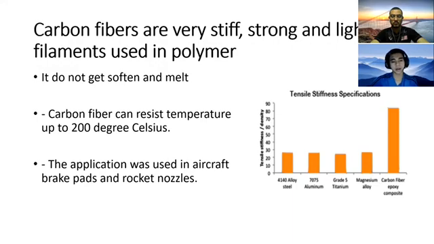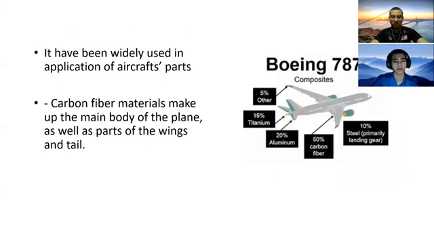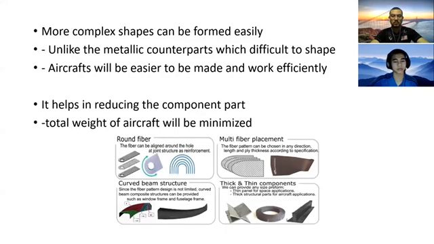Even when we look at our next slide, half of the Boeing 787 is made of carbon fiber, applied to its main body, wings, and tail. Not just that, carbon fiber benefits us with its flexibility to form any complex shapes and helps in reducing the joint parts of the aircraft.